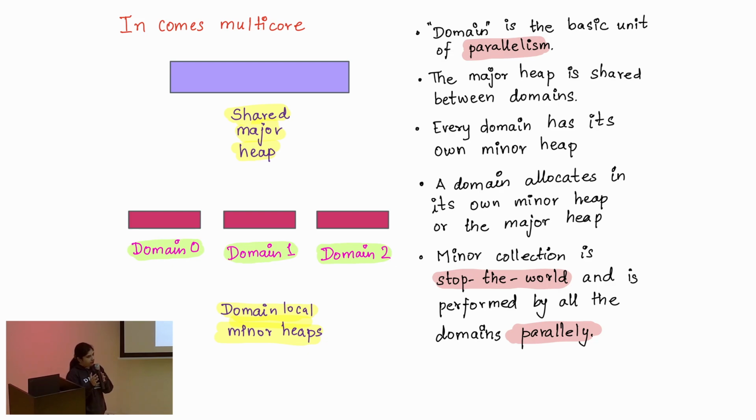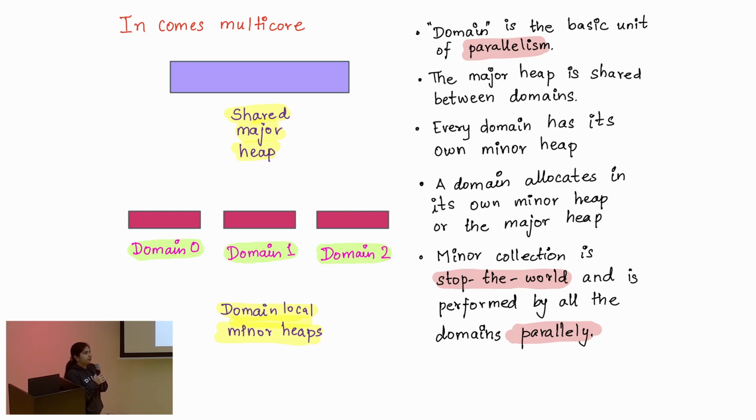There was another minor collector developed, called the concurrent minor collector, which lets one do the minor collection independent of what other minor heaps are at. So if I want to just collect domain 1, I could do that in the concurrent collection model.